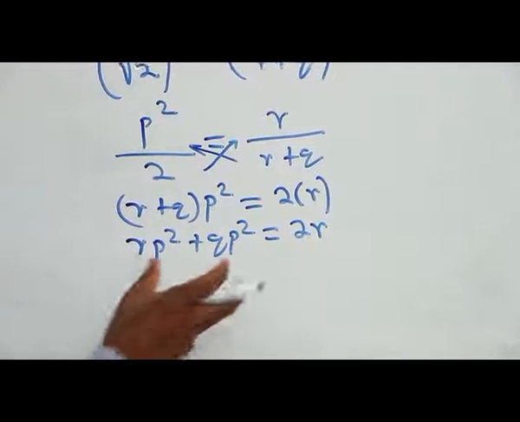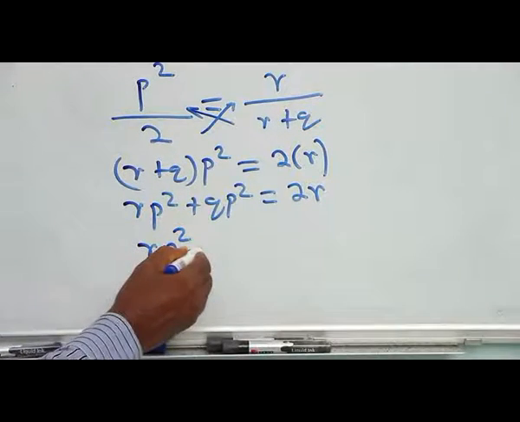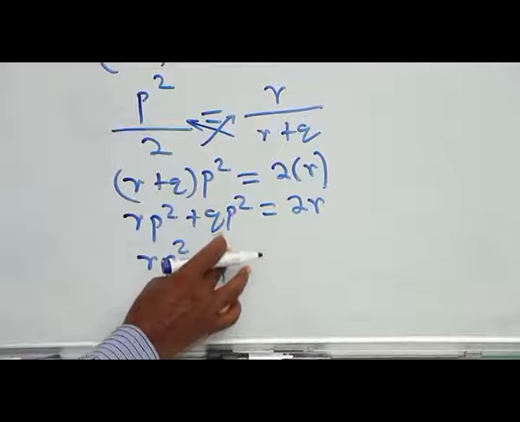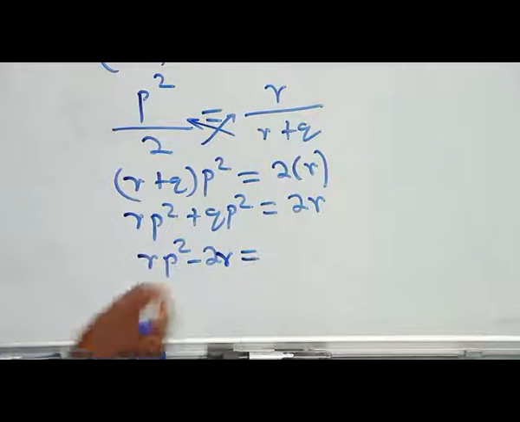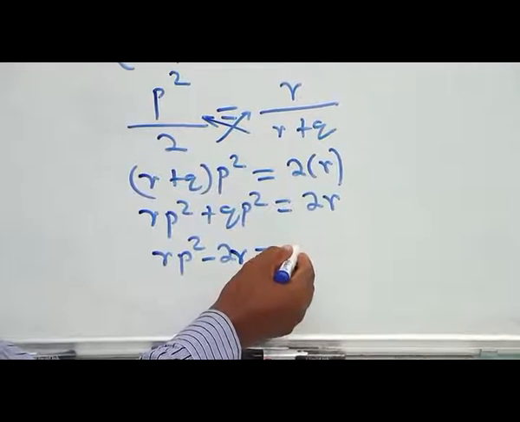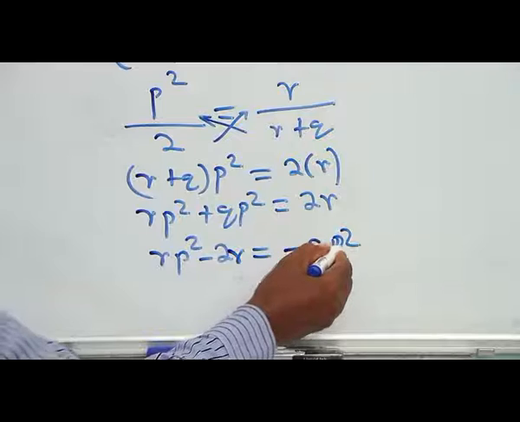Bring all the R together. So we have here R P squared minus 2R, not P, is equal to, we move the other term that does not contain R to the other side. So we are moving it and it becomes minus Q into P squared.